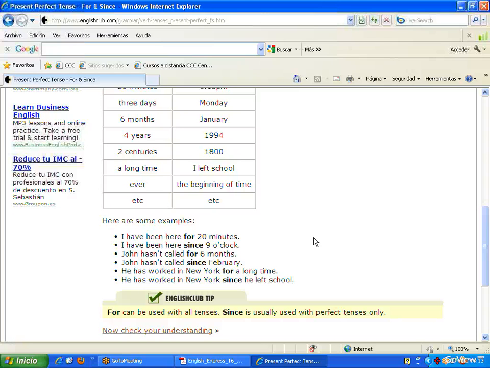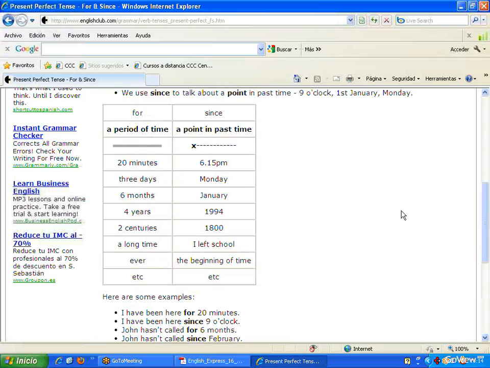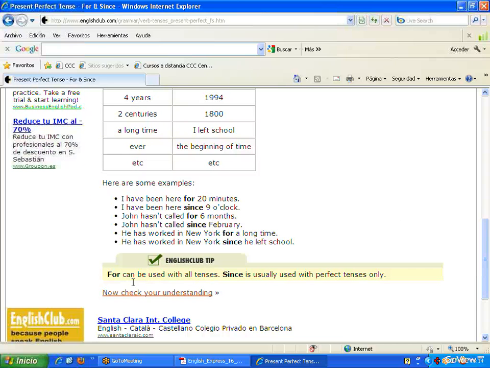So, desde hace or durante. For. And desde, since. Solo desde. And also, another thing, an English tip. For can be used with all tenses, and since is usually used with perfect tenses only. And perfect tenses are present perfect, which we're learning now, past perfect, and we also have present perfect continuous.